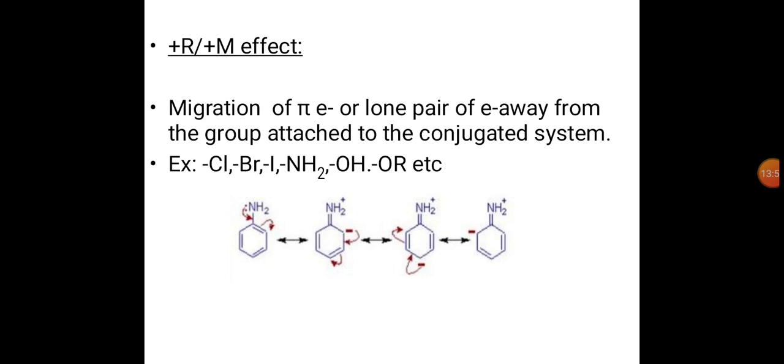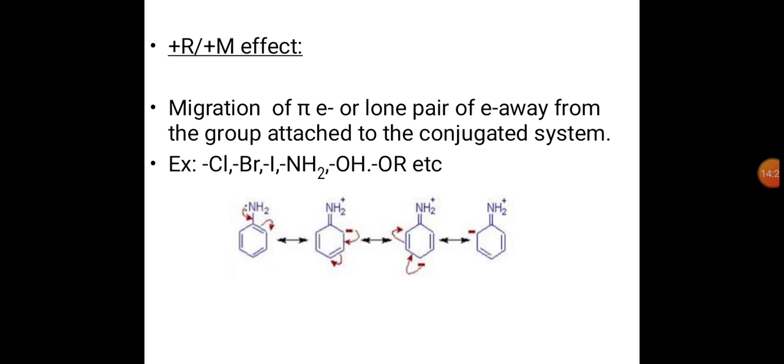So, here we find the migration of pi electrons or a lone pair of electrons away from the group that is attached to the conjugated system. Conjugated system means where we find a continuous single bond and double bond.